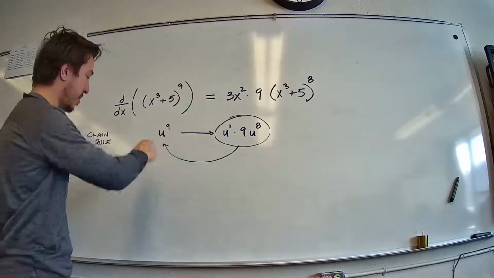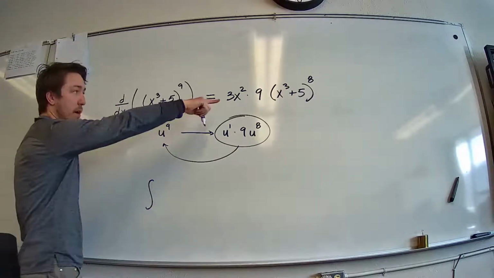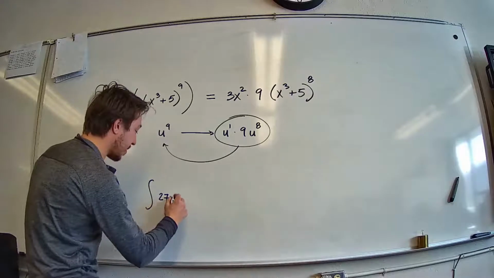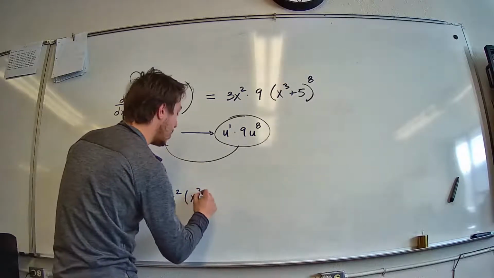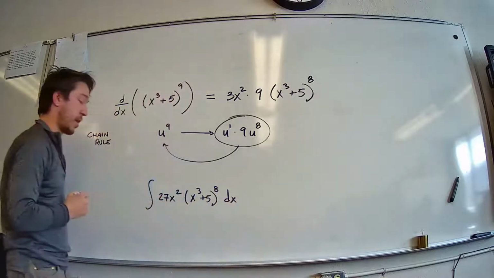So let's look at an integral. The integral would be, okay, the integral of this. Now, by the way, I usually write this 27x squared. Okay.